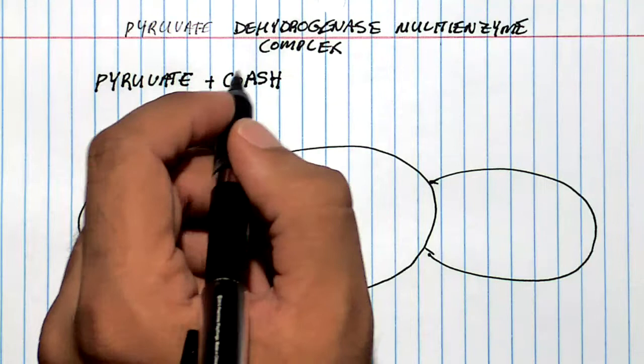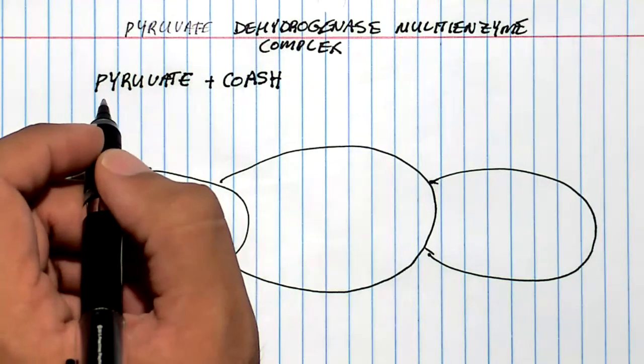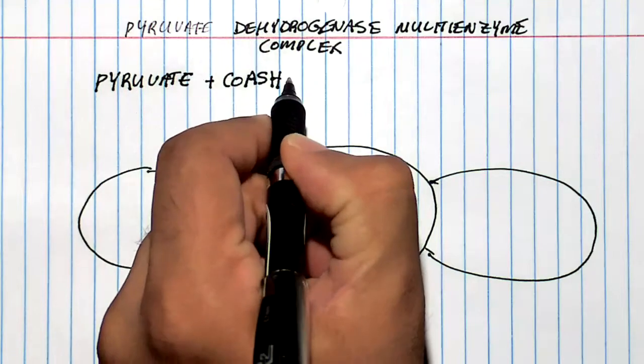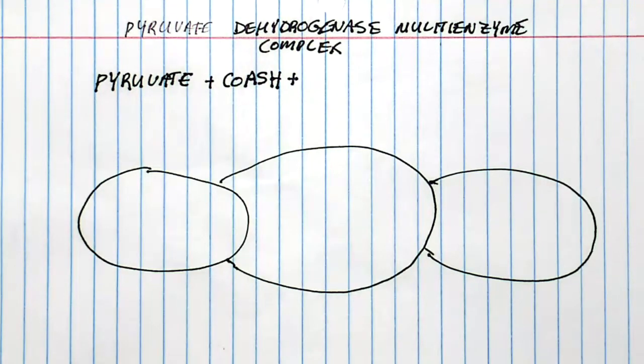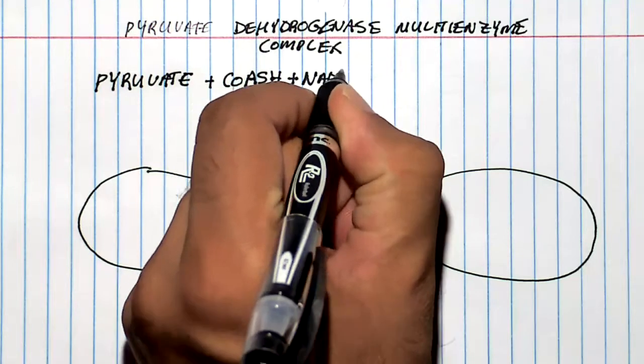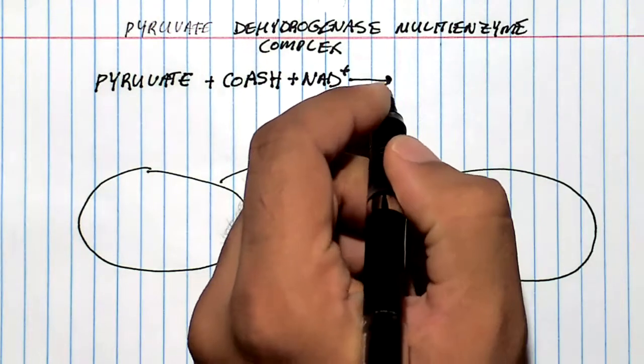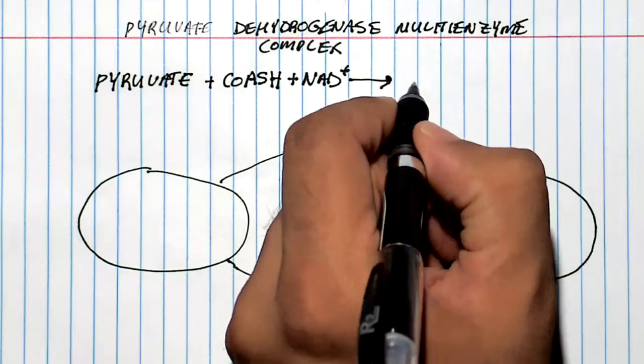And this coenzyme A, there's a pool of this in the cell, will react with pyruvate from glycolysis. It is a dehydrogenase, so a dehydrogenase implies an oxidation reduction reaction. So in this particular case, the oxidized form, NAD+, will get reduced to NADH.